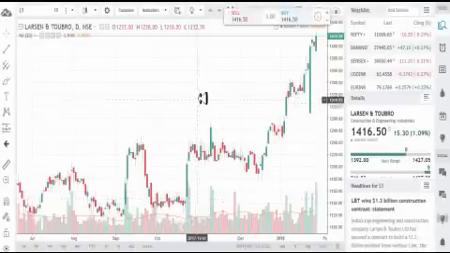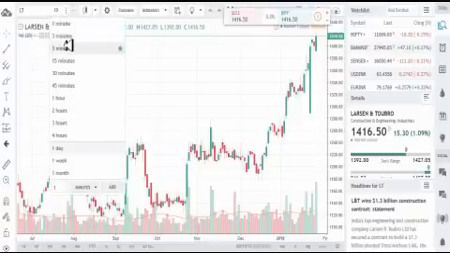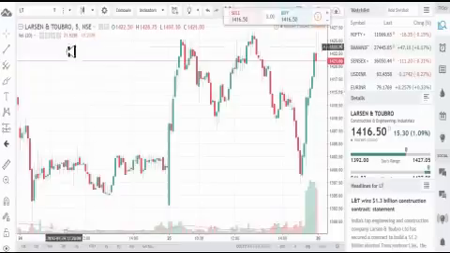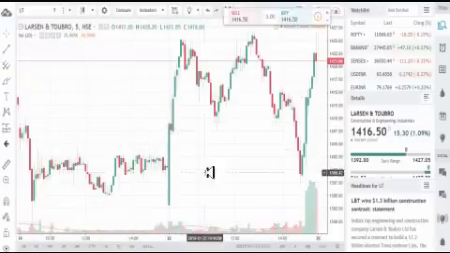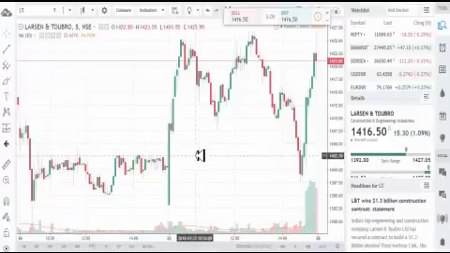And we will try to make this a 5-minute chart so that we can see the chart for today. Okay, and this is for what date?